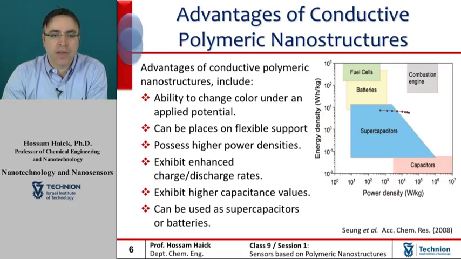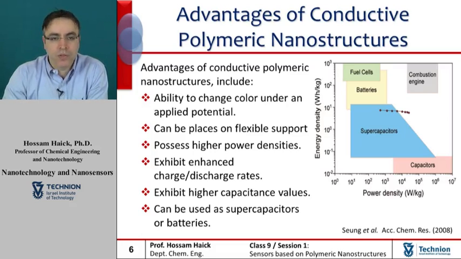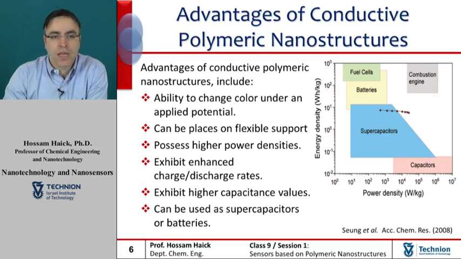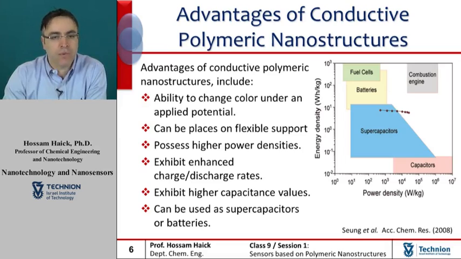This brings many advantages for the use of polymeric nanostructures, including but not confined to the following. The first advantage is that polymeric nanostructures have an ability to reversibly change color under applied potential, something that has high potential in windows, electronic paper, and bendable display applications.